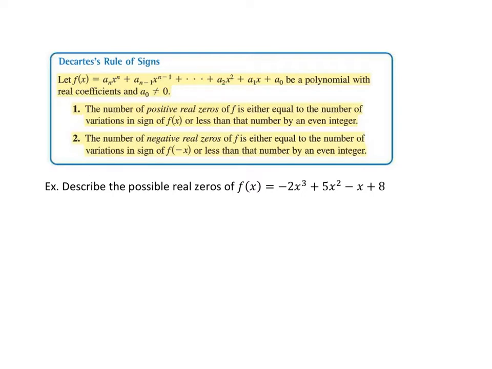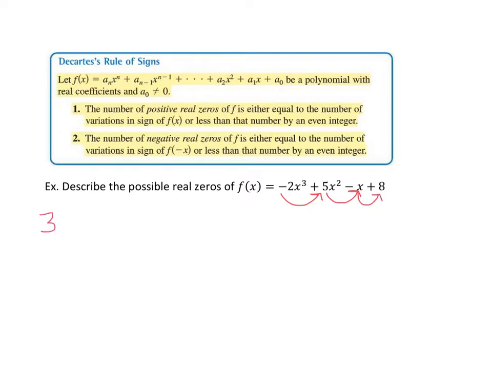That can give you your number of positive real zeros. And then to find the negative real zeros, you substitute negative x and see how many sign changes you have there. So, for an example, we're going to jump. We have a change here. We change from negative to a positive, change again, and change again.